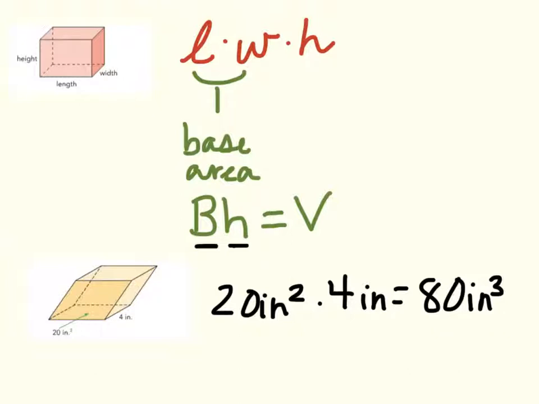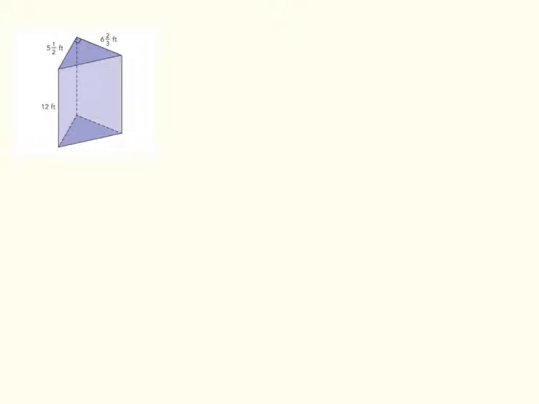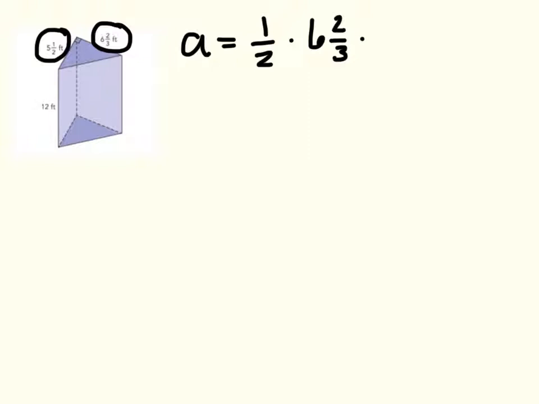Now let's try this with a triangular prism. We can calculate the area of the base of this triangular prism by multiplying 6 2/3 feet by 5.5 feet as our base and height of our triangle. So let's use what we know about area of a triangle: 1/2 times 6 2/3 times 5.5 is going to equal our area, correct?